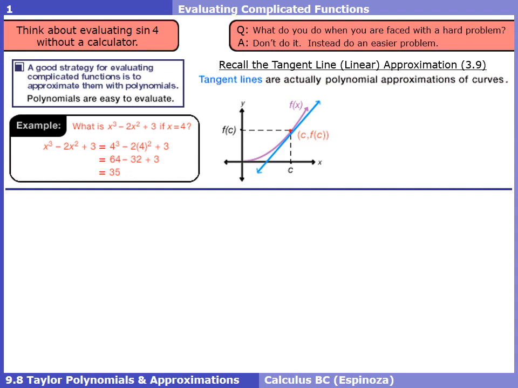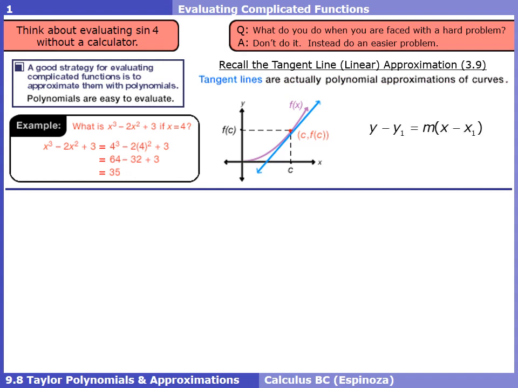What we could do is, instead of finding sine of 4, which we can't do, write a tangent line equation at that point, and pretend maybe it was this equation. Of course, it's not a linear function, but let's pretend that was the function. Then we would rather plug in 4 into a polynomial than into that complicated trig function.